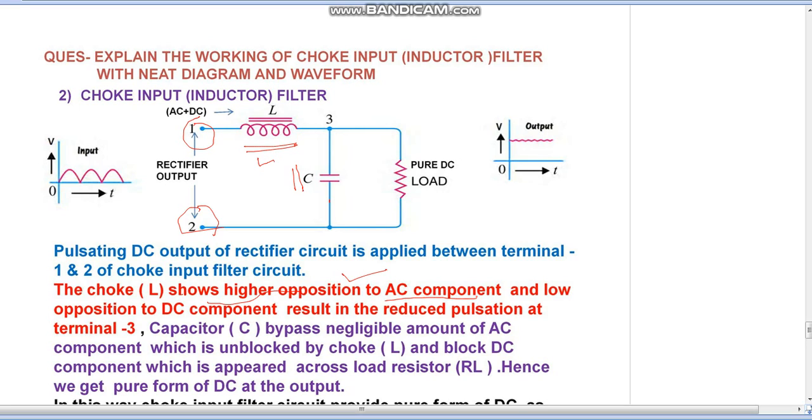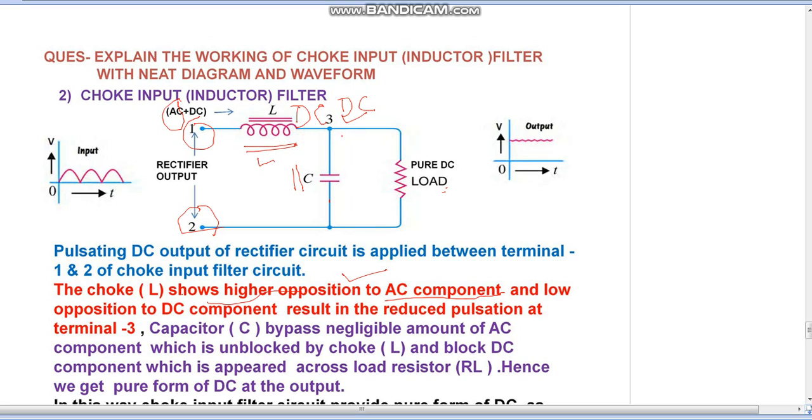It blocks the AC component and passes only the DC component through it, because it shows very low opposition to the DC component, resulting in reduced pulsation at terminal 3. At terminal 3 we are getting only the DC component because the AC component is blocked by the inductor L.